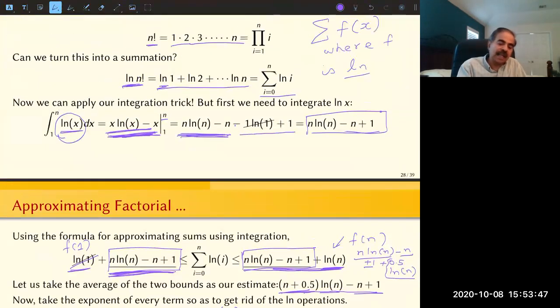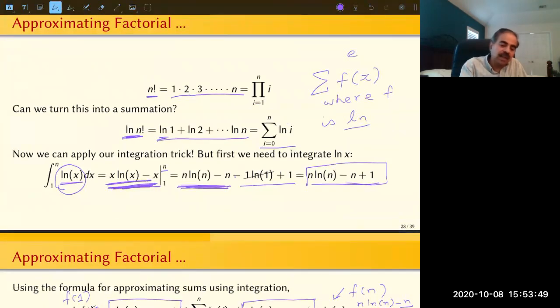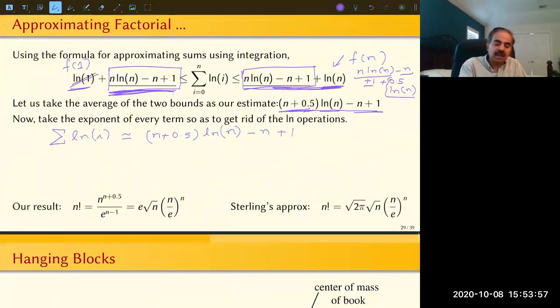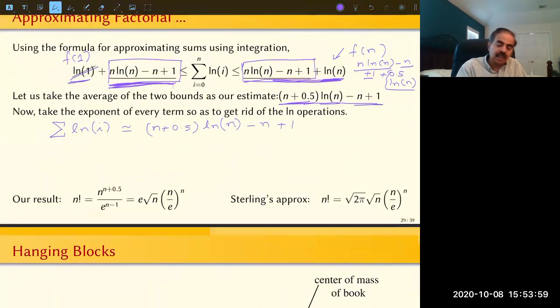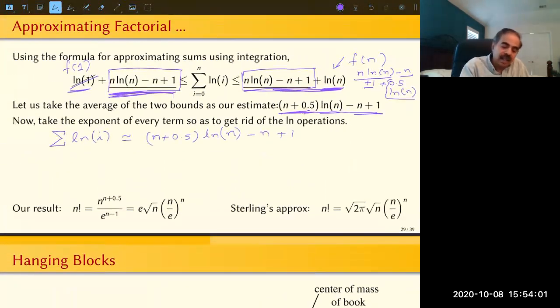Remember that when we took the logarithm of n factorial, that's when we got this summation of ln i. So if we reverse the process, this will become n factorial.